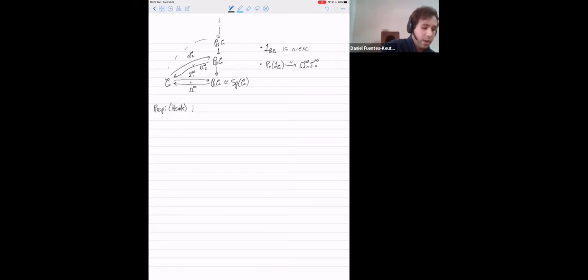So for example, if I have f from C to D that is n excisive, then f will factor through the n excisive approximation to C, in the same way that linear functors factor through spectra, for example.